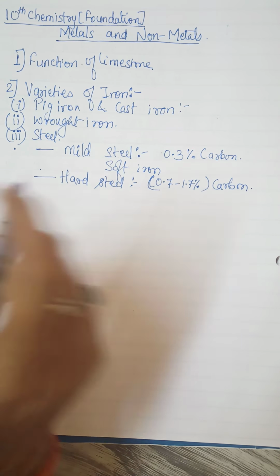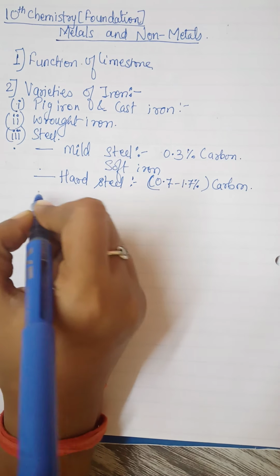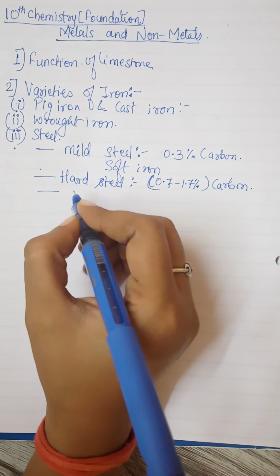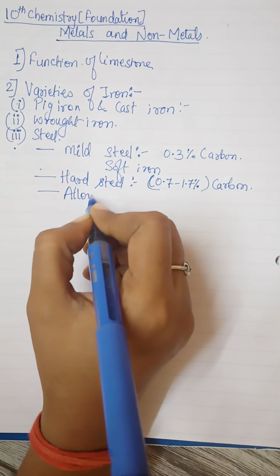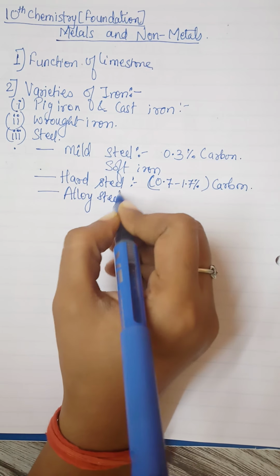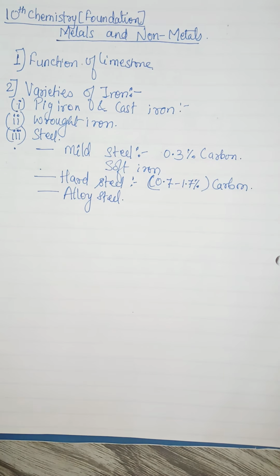Okay, then we have the third one as alloy steel. Alloy steels are basically prepared by adding small amounts of nickel, cobalt, chromium, tungsten, molybdenum. These are basically inert elements which, when added to iron, are definitely going to protect the iron from getting corroded.